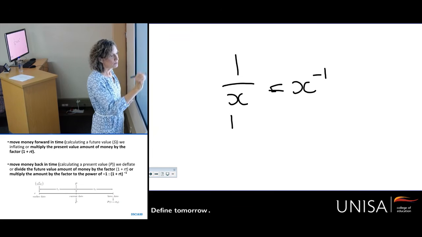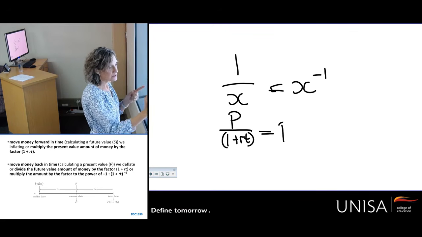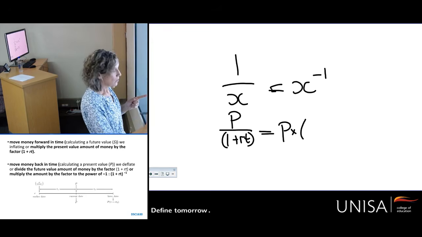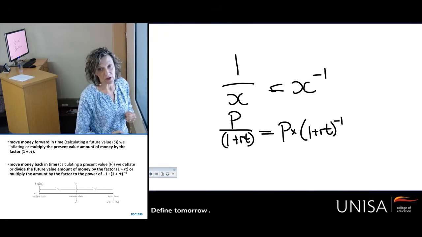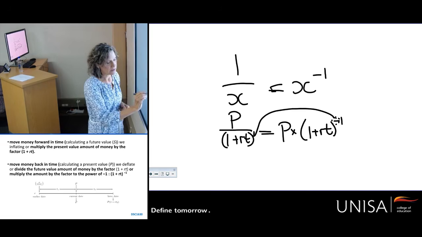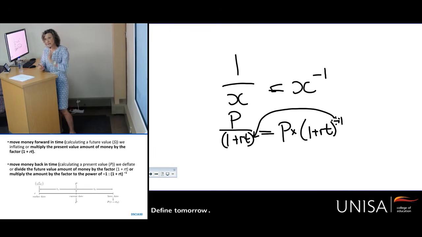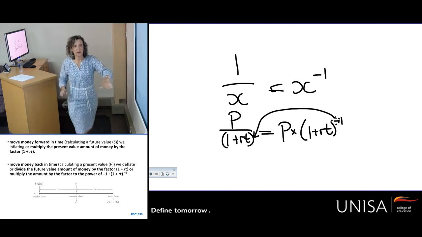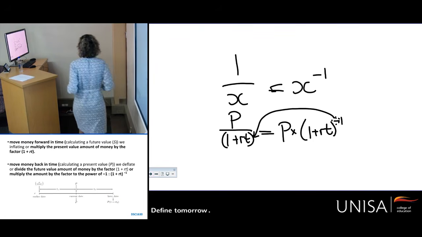If we've got P divided by 1 plus RT, we can also write it as P times 1 plus RT to the power of minus 1. So that minus actually just means divide by. Right. So in the guide, you sometimes will see the negative sign there. It's just another way of writing divide by 1 plus RT.